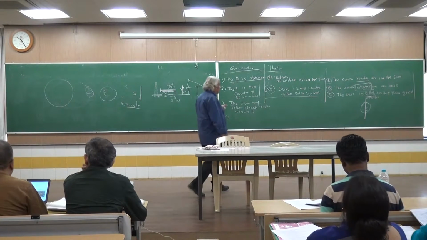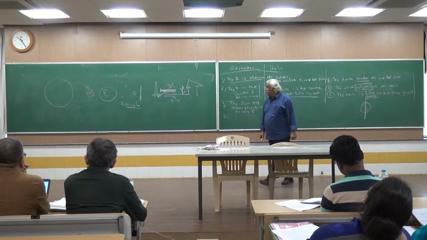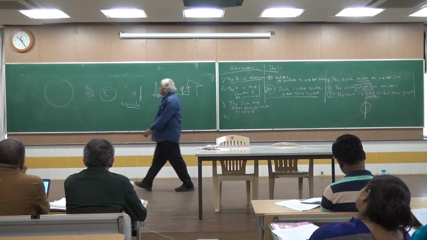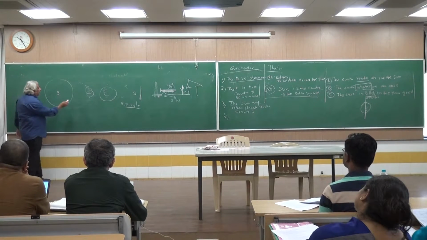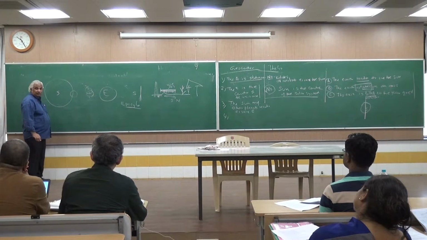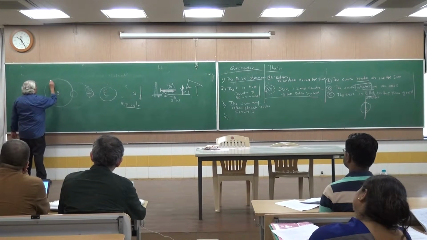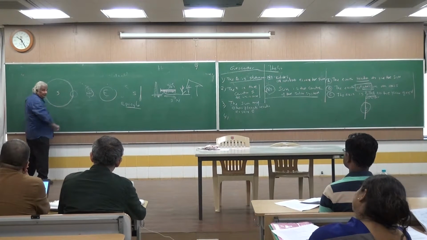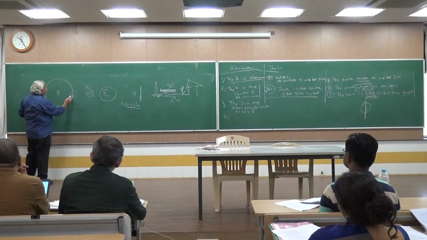To get this effect from the heliocentric theory, you put the sun at the center, and here is the earth, and the earth revolves around the sun and rotates on its axis. Rotation gives you day and night, but the rotation is at a tilted angle to the plane of revolution.